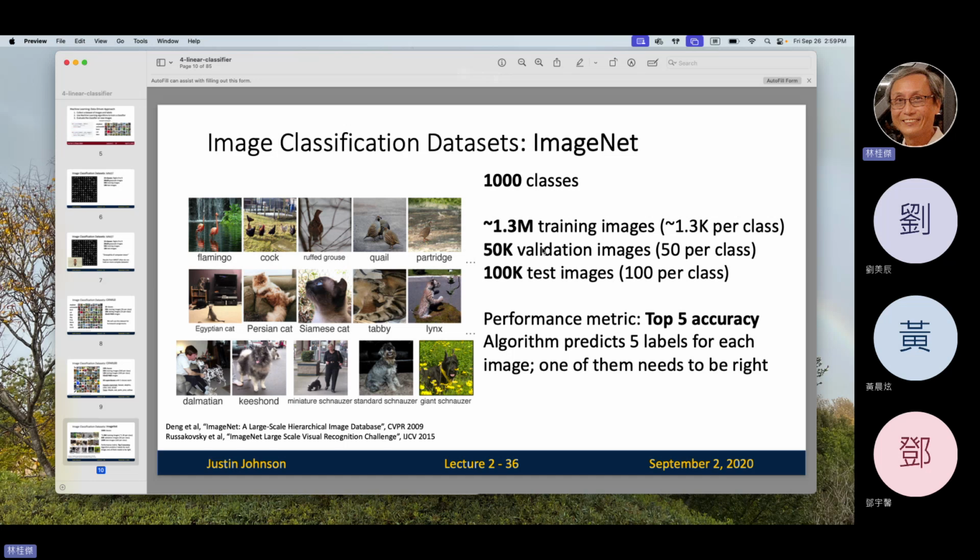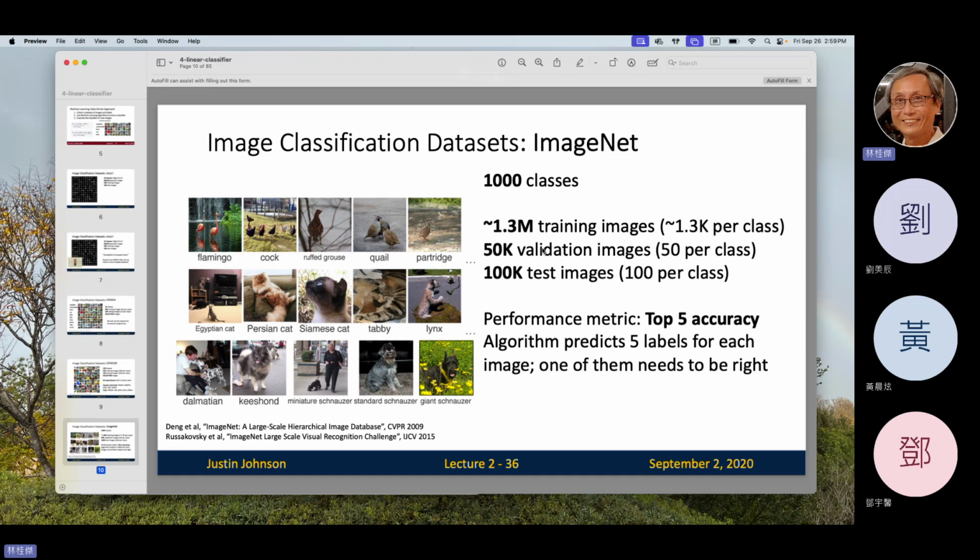They created this one to be 1.3 million training data pictures, which means each class has about 1,300 pictures. Since you have so many different classes and so many pictures, definitely the algorithm, whatever model you trained, wouldn't be 100% correct.